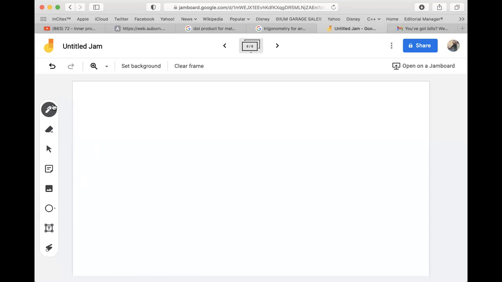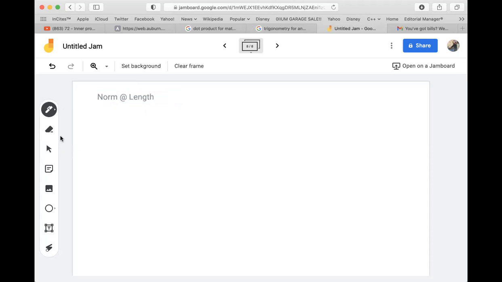Okay, length or norm. Right? So definitions here.